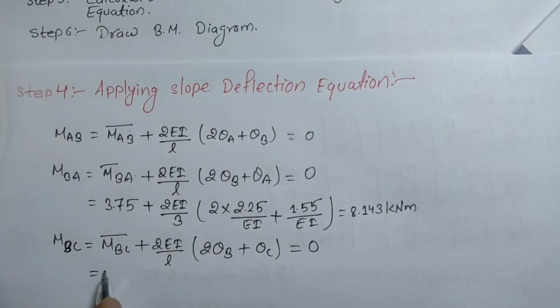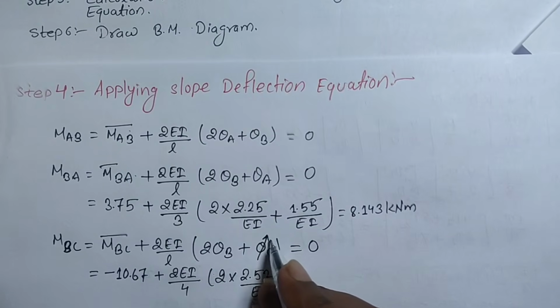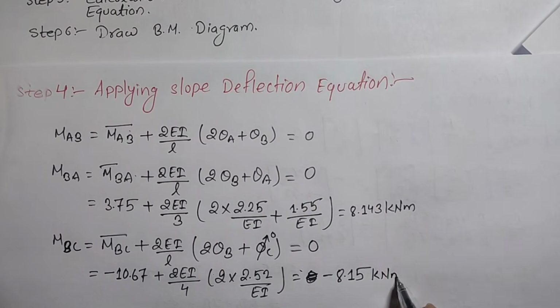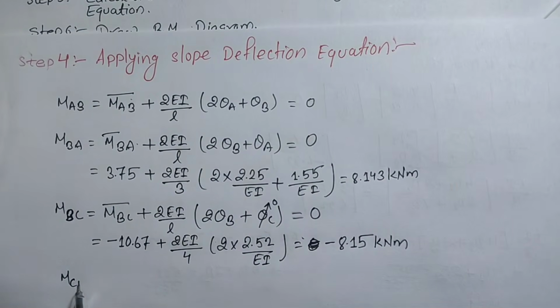Now put down the value, then it will be minus 10.67 plus 2EI by L, L equals 4 meter, times 2 times theta B, meaning 2.52 by EI, and theta C equals 0. On solving this we will get the value of MBC equals minus 8.15 kilonewton meter.